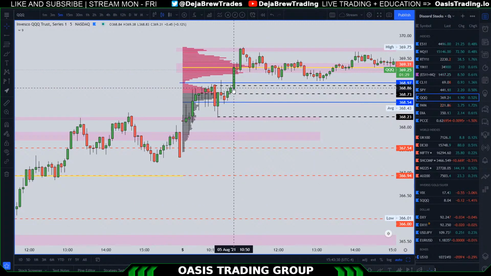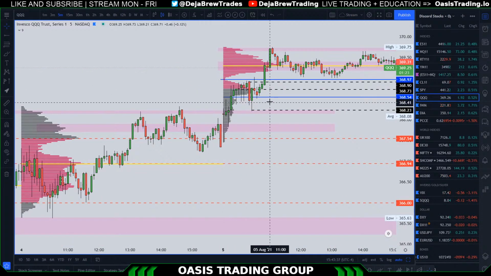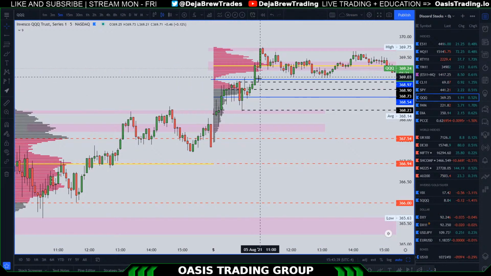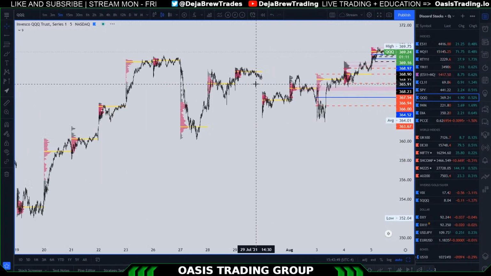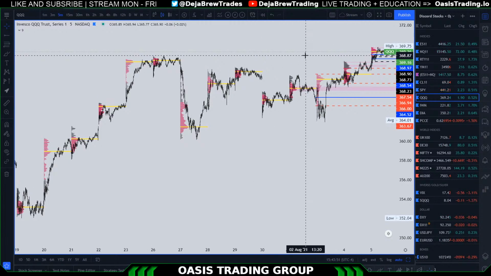Okay, so right here, we break out of the initial balance and we break into an all-time high. When that breaks that level, that's just your first sign that today is going to be very bullish. And then you don't have any levels above that because you are at all-time high.